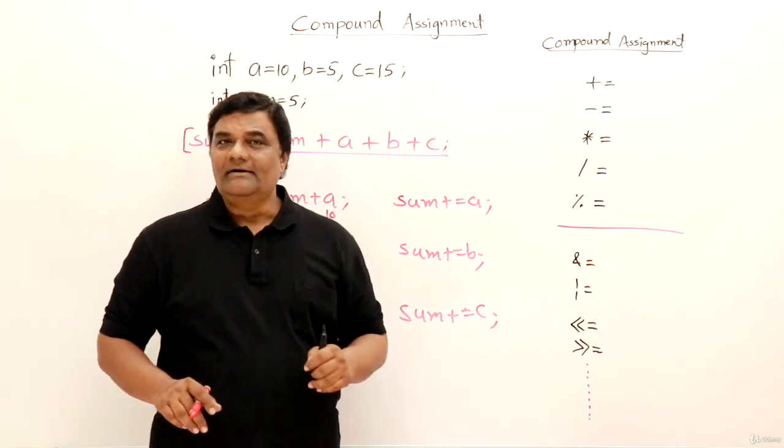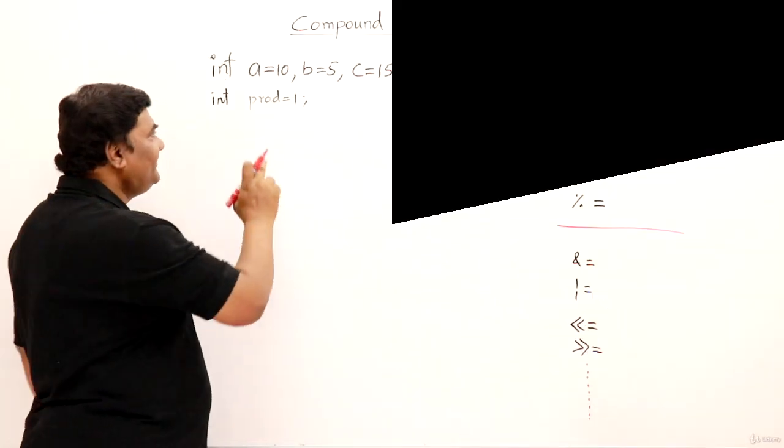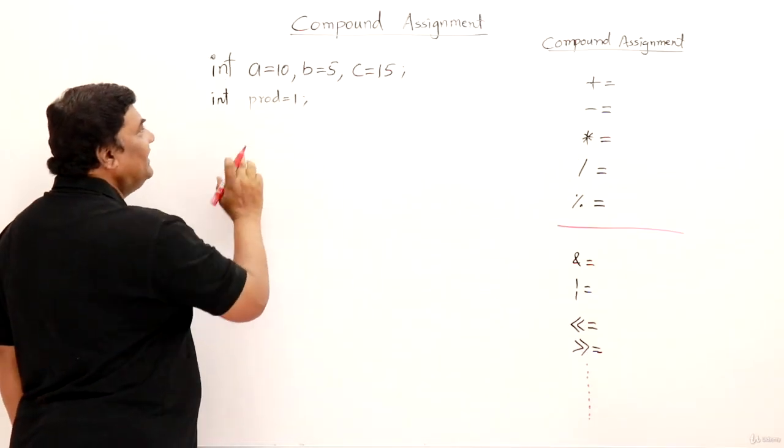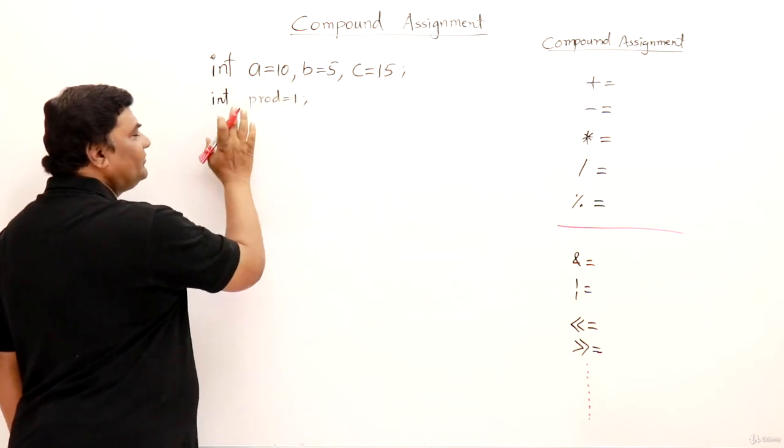Now I will take one more example for multiplication and show you. Here I have a variable called product which has the value 1. I want to multiply A, B, C also with product and store the result in product.